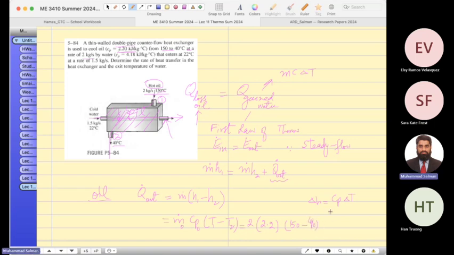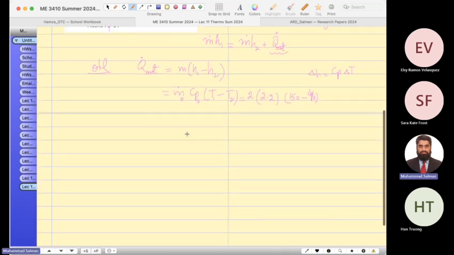So if you solve for this, do you get 484 kilowatts? Please make sure you get the same number.